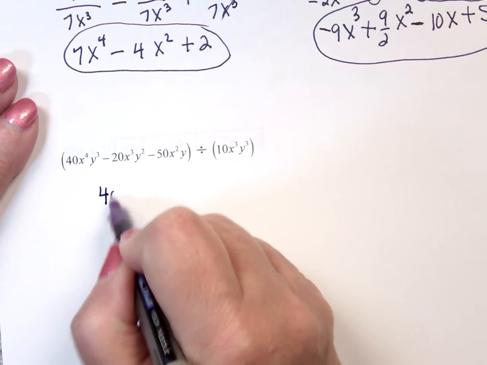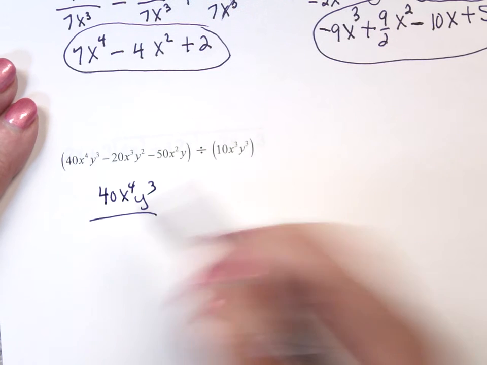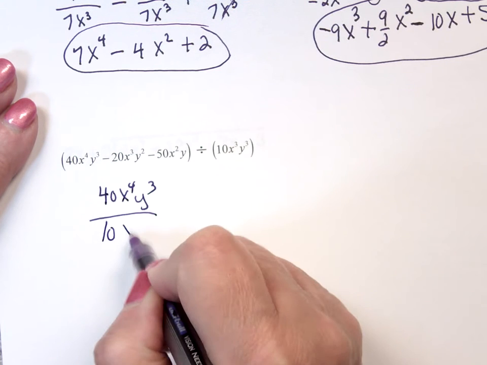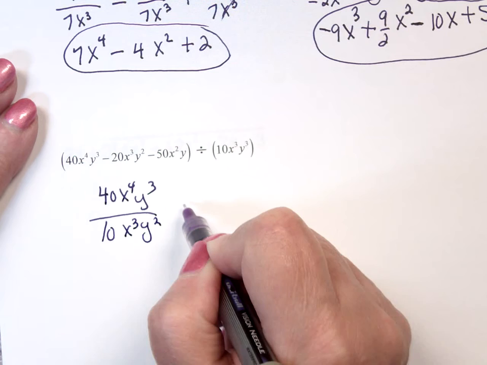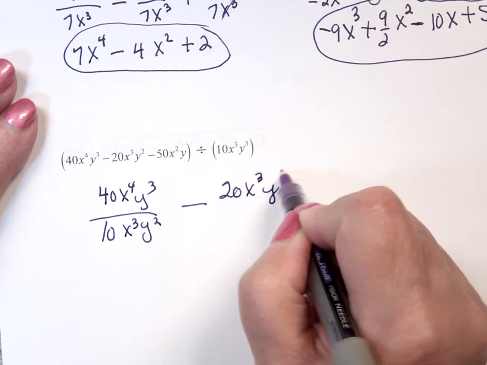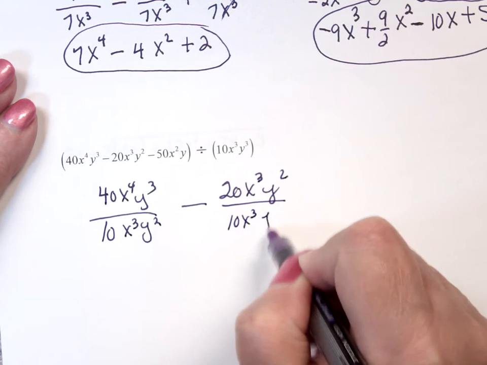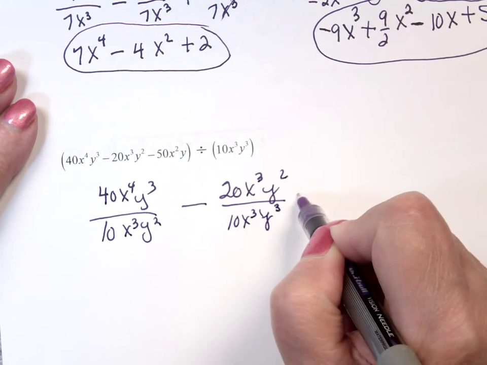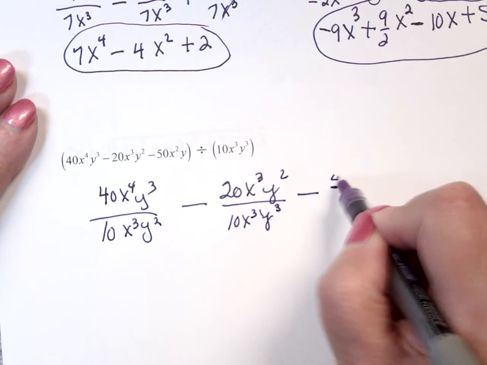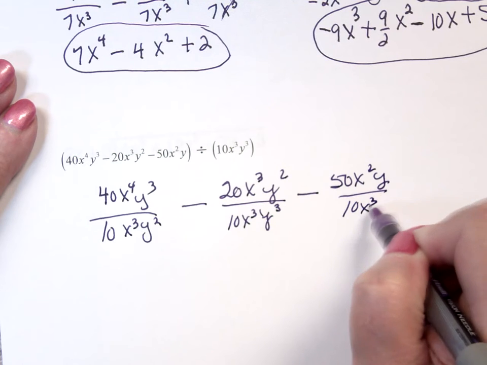So this is 40x to the 4th y cubed divided by 10x cubed y cubed, subtract 20x cubed y squared divided by 10x cubed y cubed, subtract 50x squared y divided by 10x cubed y cubed.